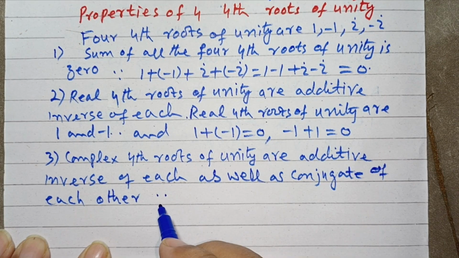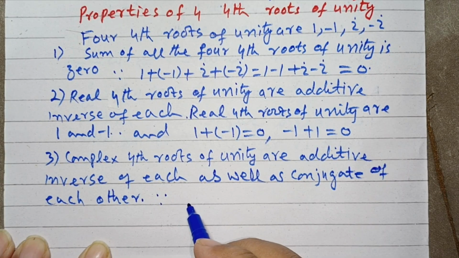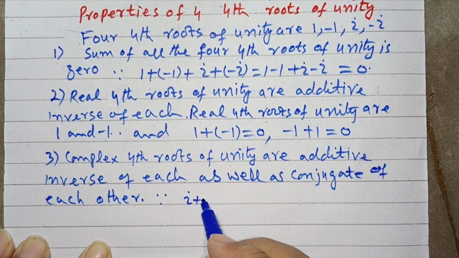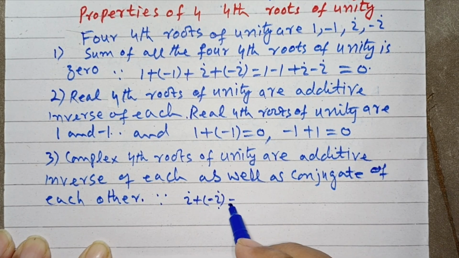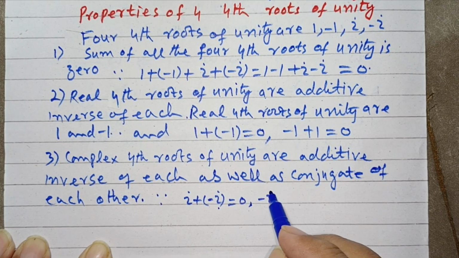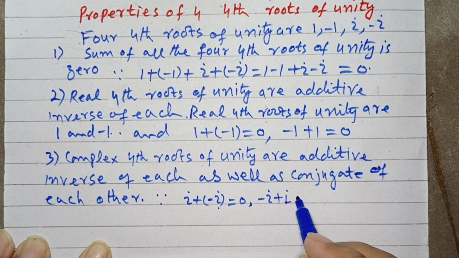Since iota plus minus iota is equal to 0. Minus iota plus iota is equal to 0.